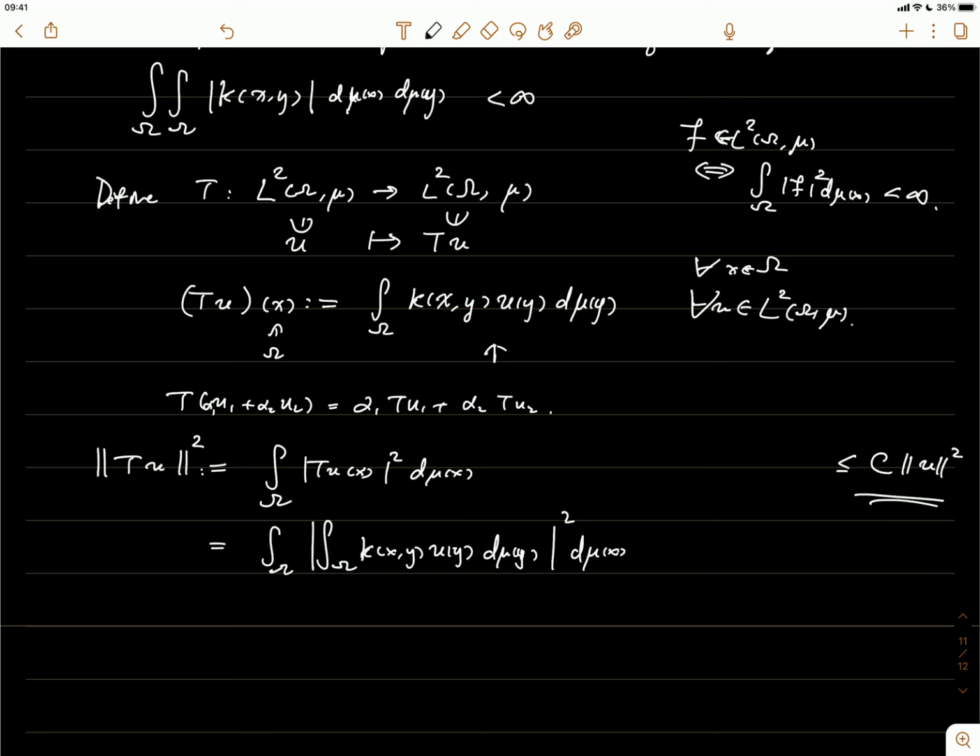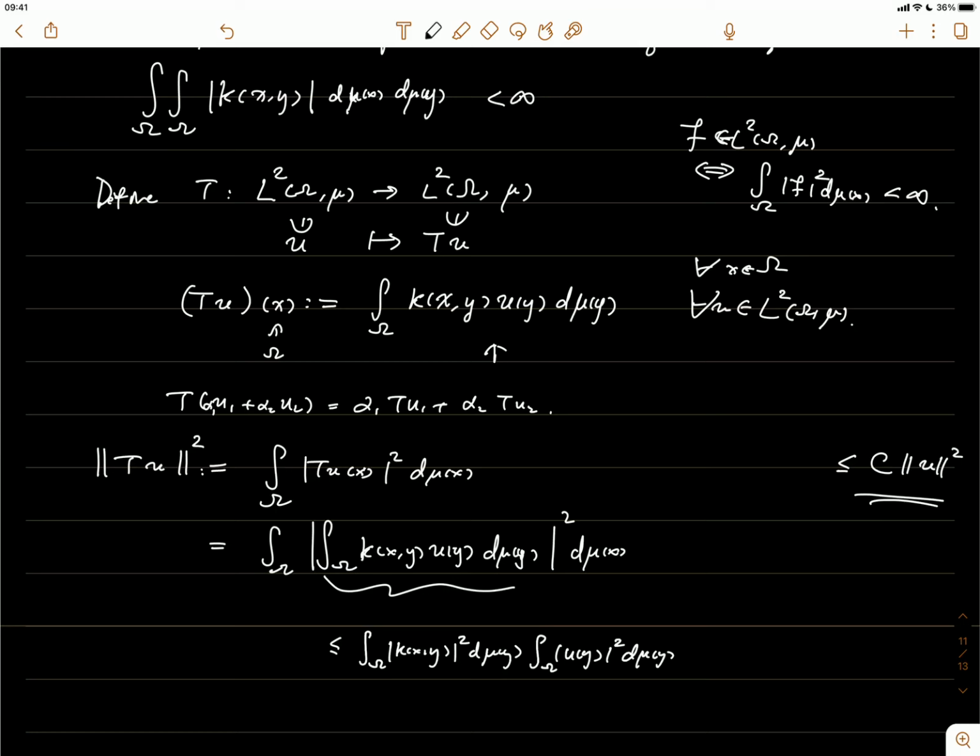For the inside here, I can apply the Cauchy-Schwarz inequality. For any fixed x, these are two functions of y. Applying Cauchy-Schwarz, this becomes less than or equal to the integral of K(x,y) squared d mu y times the integral of u(y) squared d mu y.